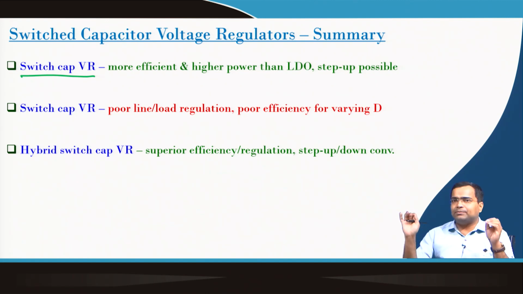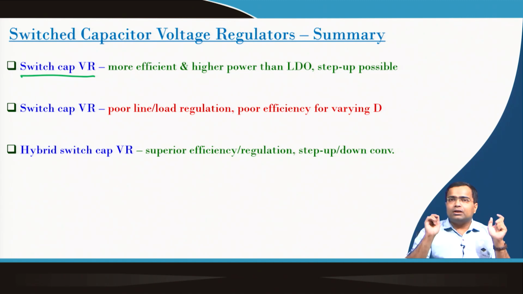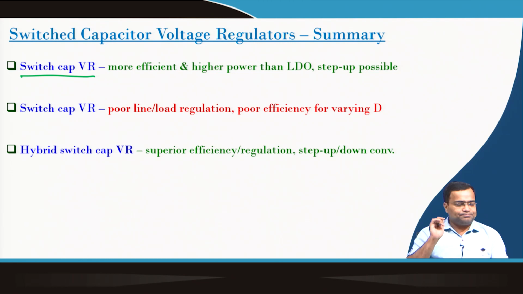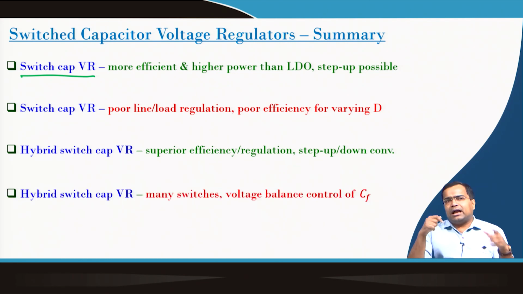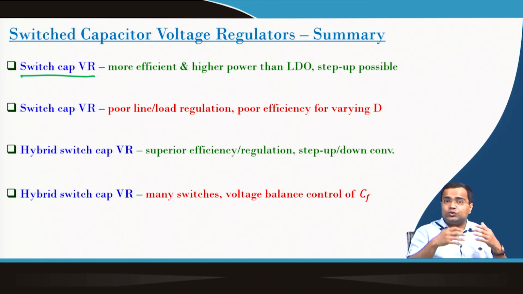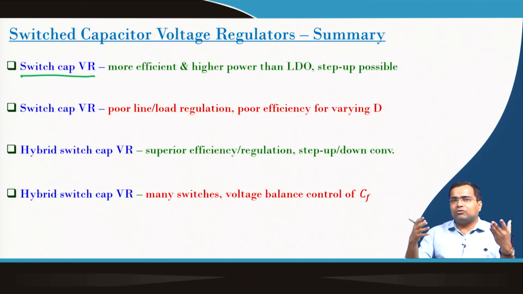So, we need to keep the inductor outside the chip, and here also you can achieve both step up and step down conversion. Then the hybrid switch capacitor voltage regulator requires more switches compared to an LDO. So, you need more switches.